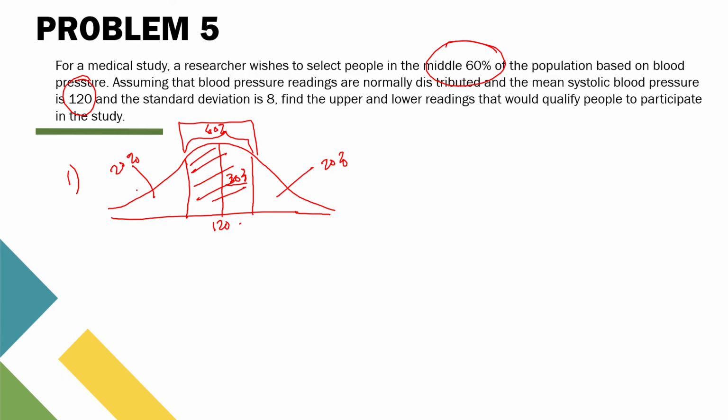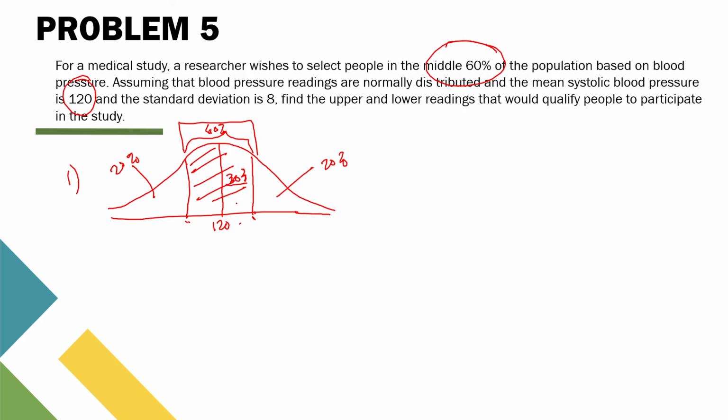So first thing is we need to find the values for z. Since this is 30% and 30%, or 60% in the middle, the value for z here would be symmetrical to the value for this one.